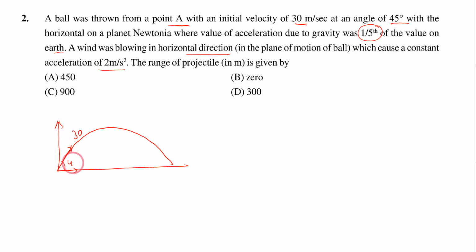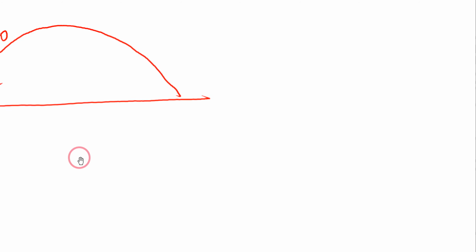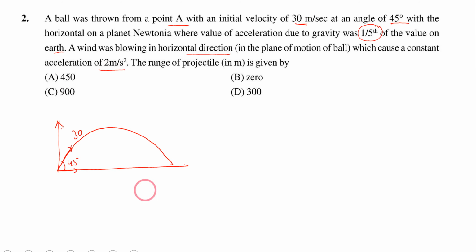So we need to resolve this. On x-axis it will be 30 cos 45, so 1 by root 2, so it is coming 15 root 2 meter per second. Likewise on y-axis also it will be resolved and we will get 15 root 2 meter per second.